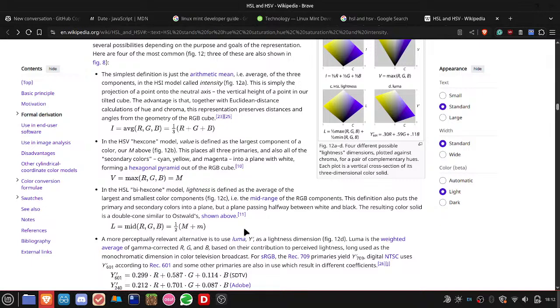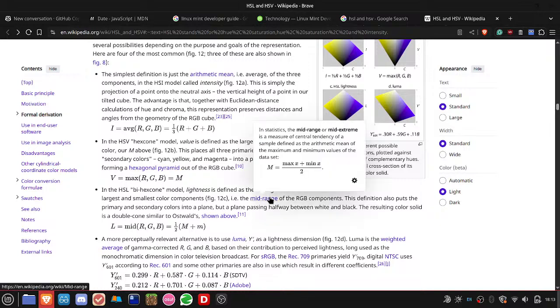I think to get the mid value, yeah, average can be a good mid-range. Mid-range or mid-extreme is a measure of central tendency of a sample, defined as the arithmetic mean of the maximum and minimum values of the dataset. Mid-range of the RGB components.